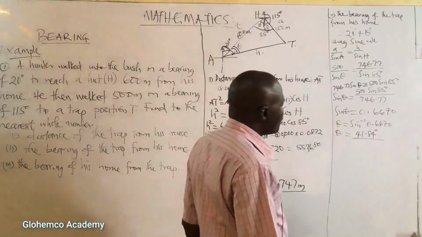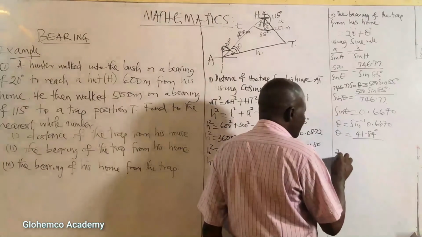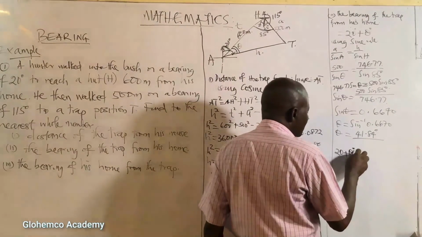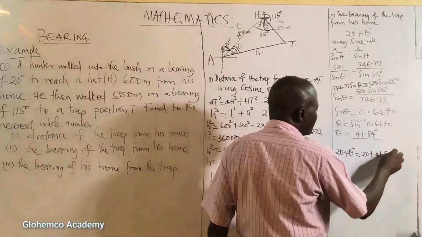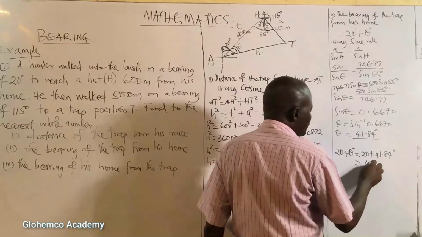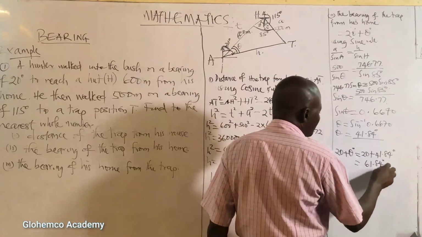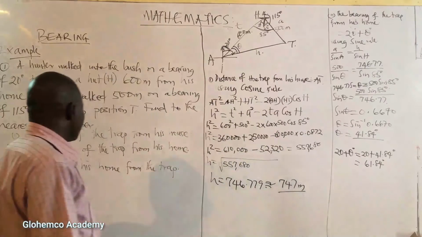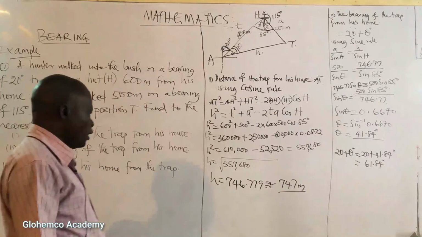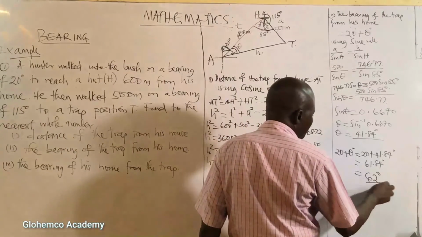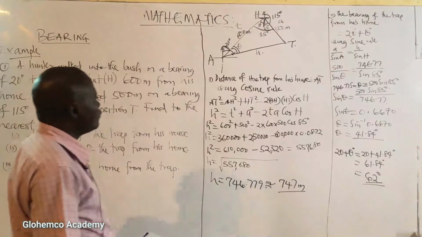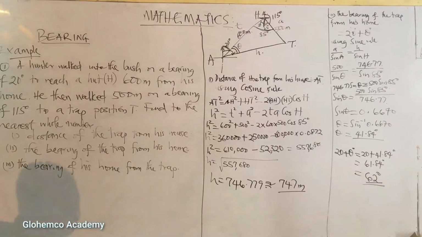Now that you have got the value of theta to be 41.84, 20 plus theta gives us 20 plus 41.84 degrees, which equals 61.84 degrees. But the question says we should take our answer to the whole number. So this gives us 62 degrees. So the bearing of the trap from its hole will be 62 degrees.